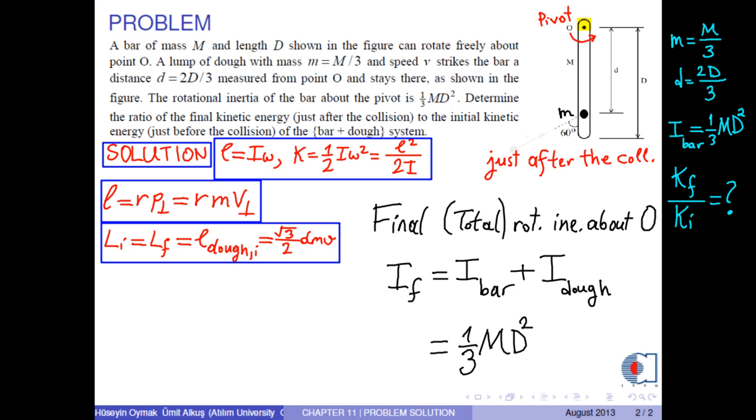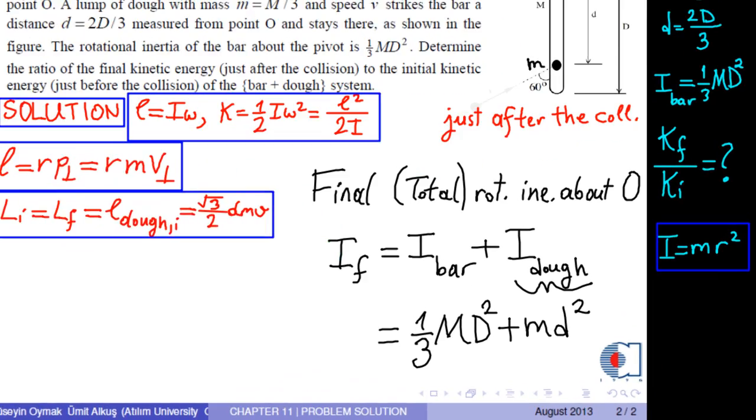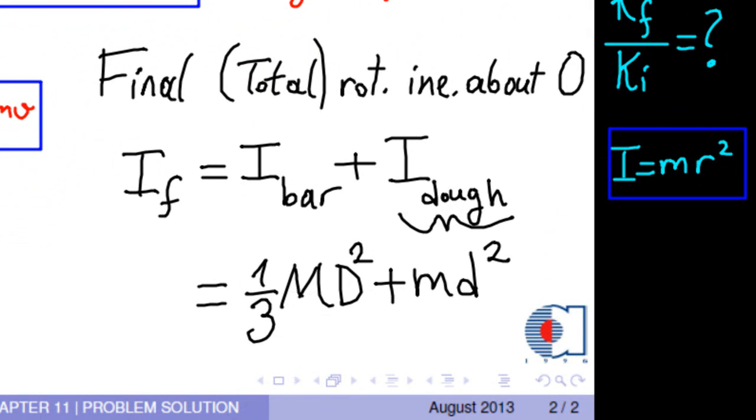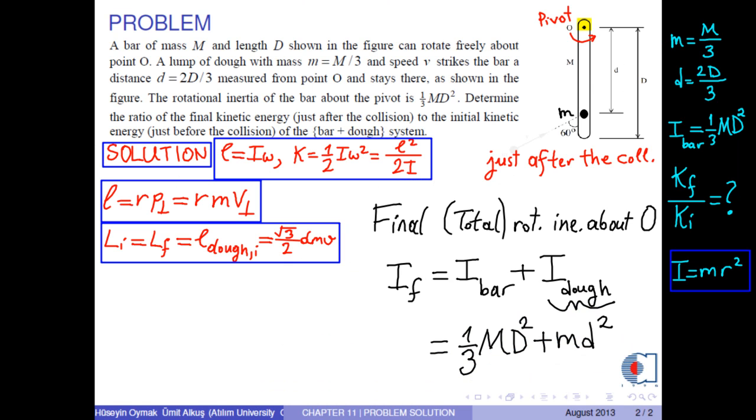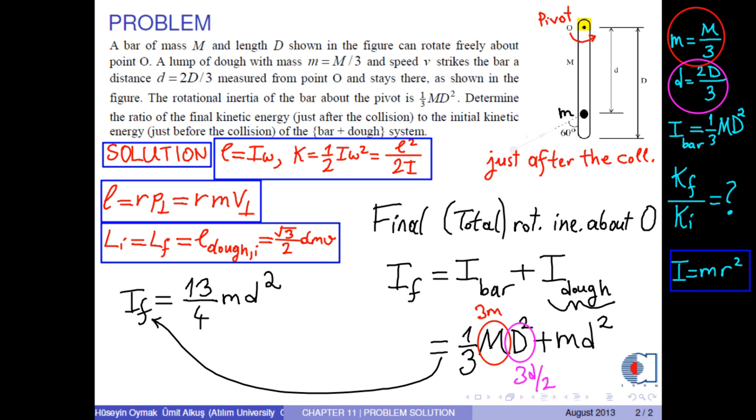I bar is given as 1/3 capital M times capital D squared. And I duff is m times d squared, because rotational inertia is calculated by the formula m times r squared. Capital M is given by 3m. And capital D is given by 3d over 2. Therefore, the final total rotational inertia of the bar-duff system becomes 13 over 4 md squared.